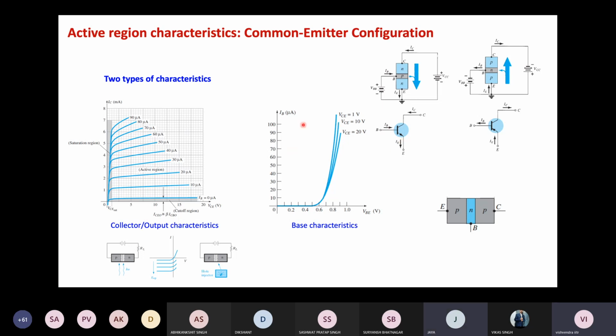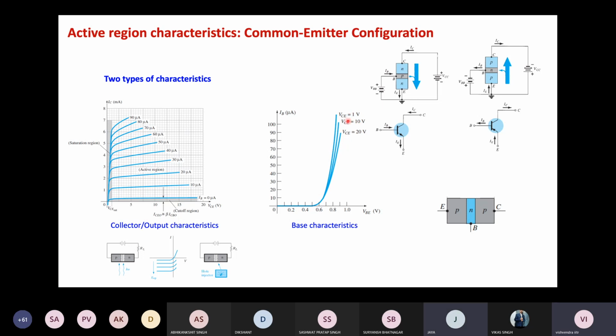So the characteristics will be pretty much similar to the forward bias characteristics of a PN junction, like this. I hope this makes sense. IB versus VBE will be like forward bias characteristics of the PN junction.